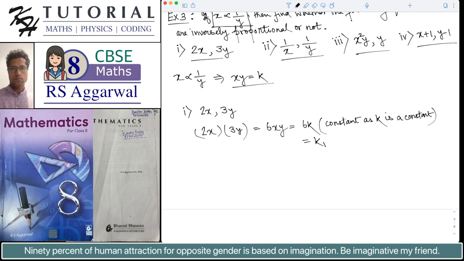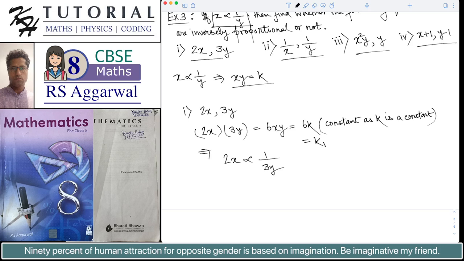So we can say that the quantity 2x varies inversely with the quantity 3y. So the first one, the quantities 2x and 3y, are inversely proportional to each other, or they are in inverse variation or proportion.